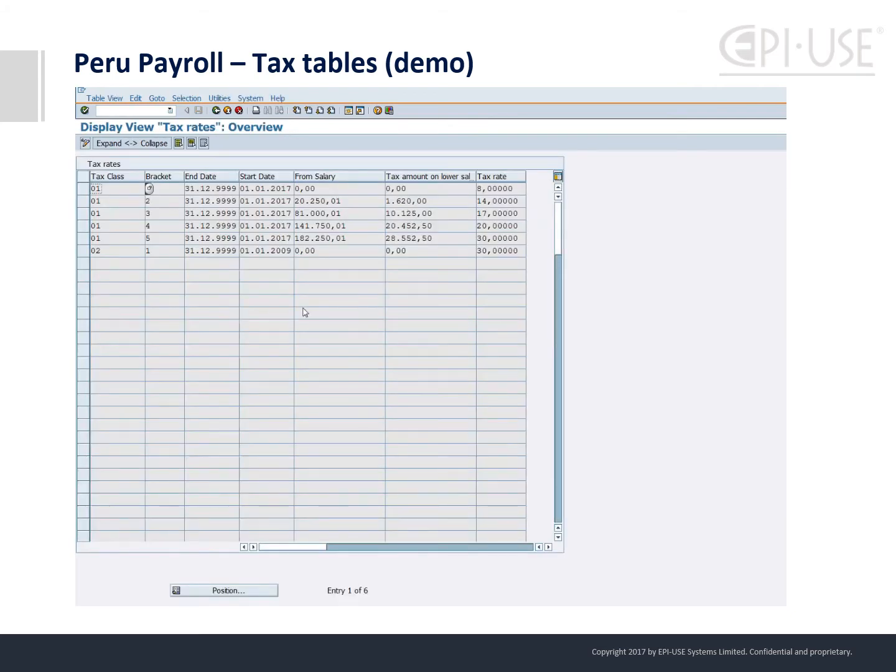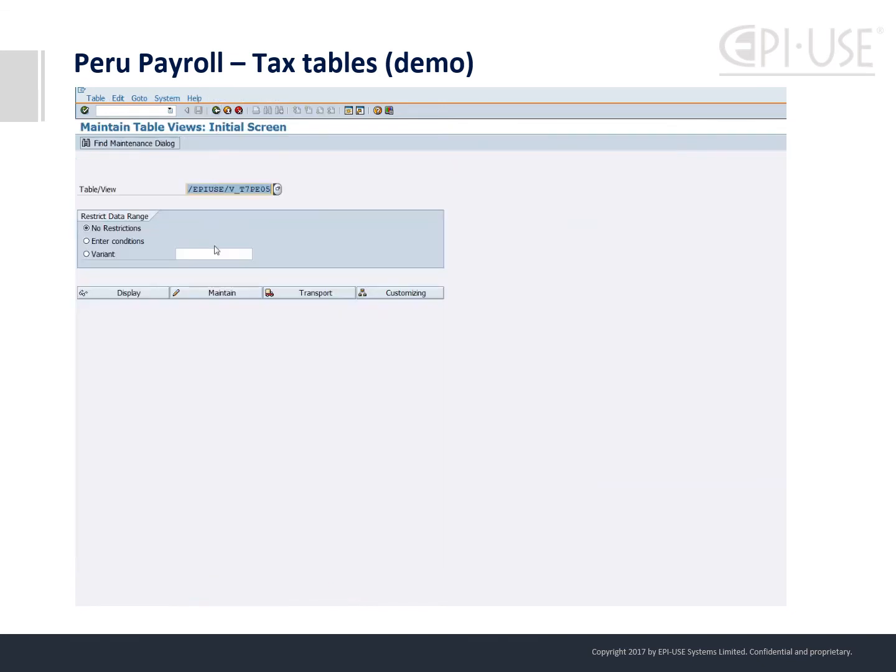So that's another way to go straight into this table, either in a display view or in a change view. So you can access these tables either through the IMG or have a look at all the tables that are in this format.